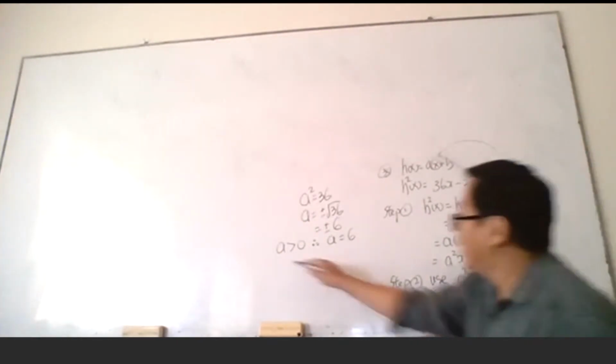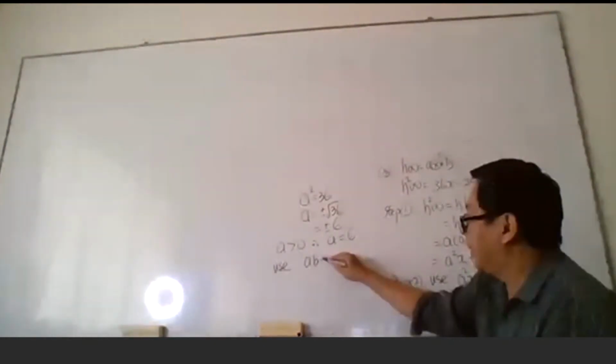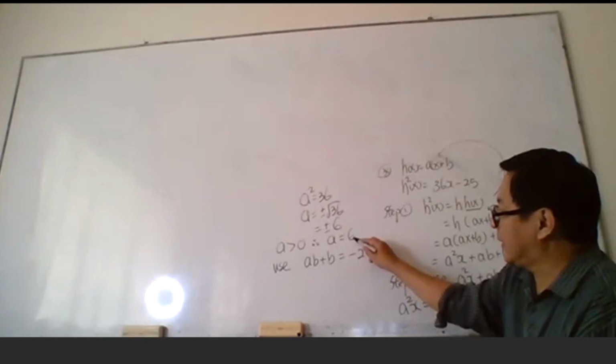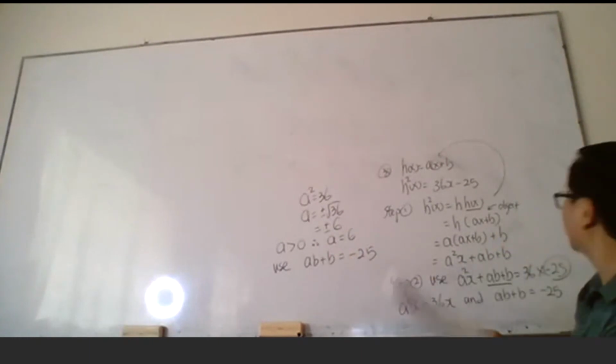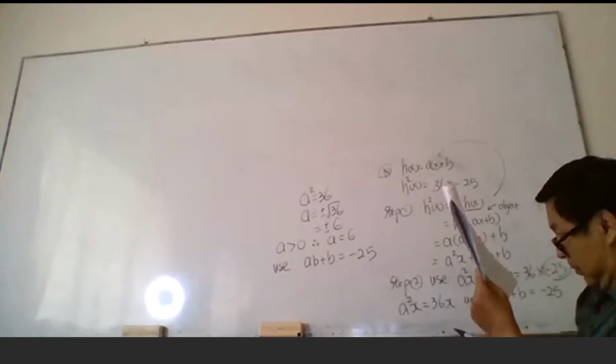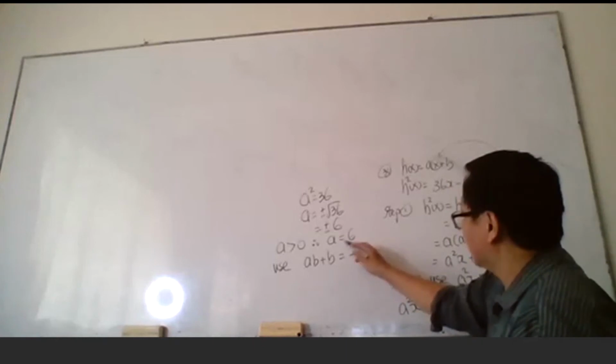Later on, I continue to use ab + b = -25, and a is 6.